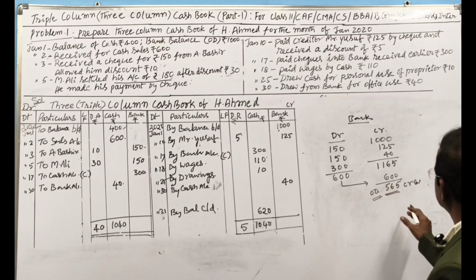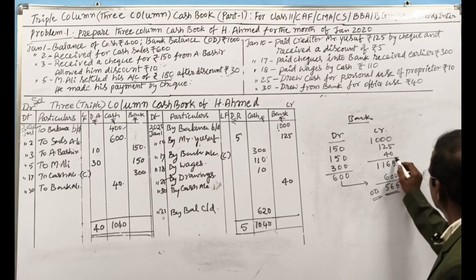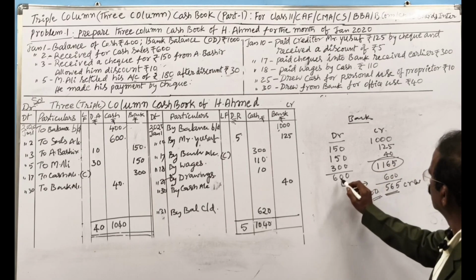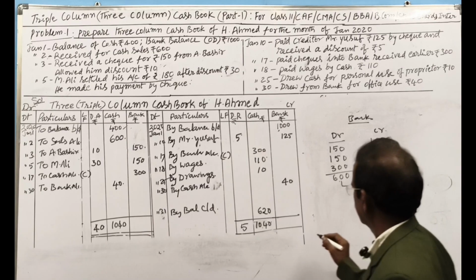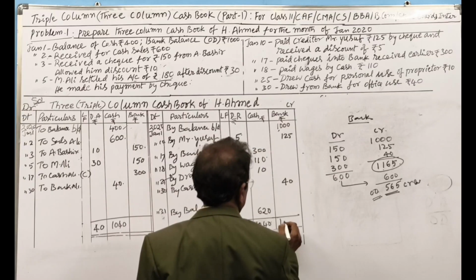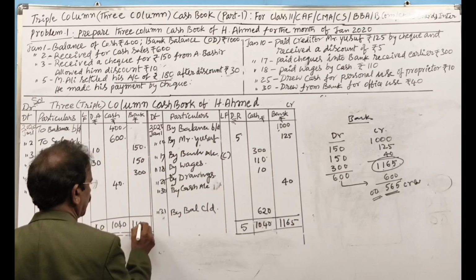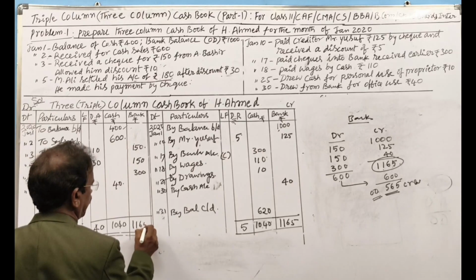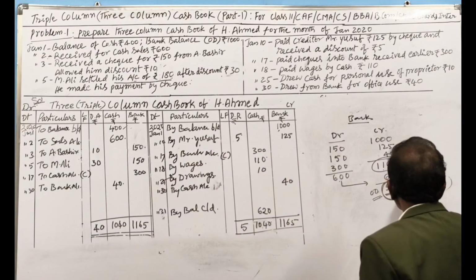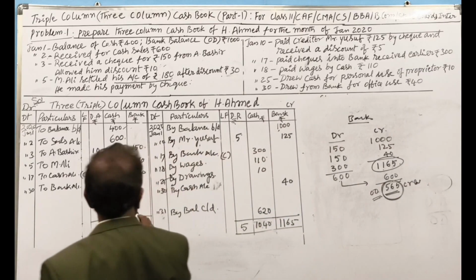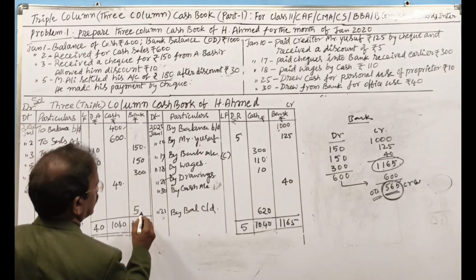Out of these amounts, what amounts are to be put where? This excess total is there, no? This is 600, this is 1165. That amount you have to record on both sides. 1165. This difference should be recorded here. 565.